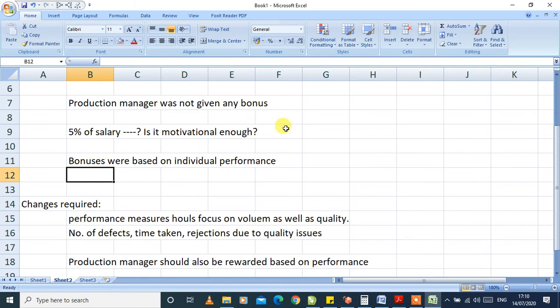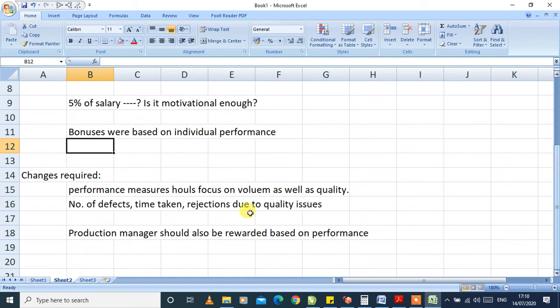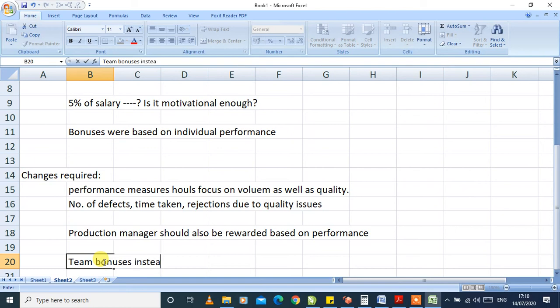So the bonus scheme should change to team-based bonus schemes. Team bonuses. How they are going to divide it among themselves is their problem. The team leader might know or should know how each member has worked, and they would share it. But how the organization is going to give bonus is for the team bonuses instead of individual bonuses.